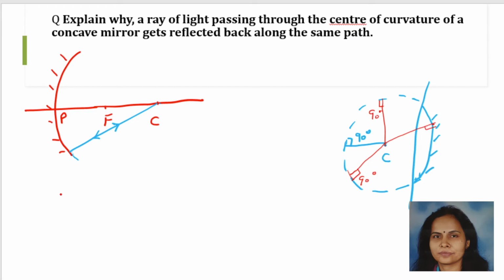Or in other words, simply I can say, suppose this is your concave mirror, this is your principal axis, and this is your center of curvature.